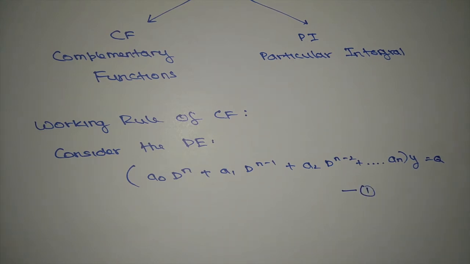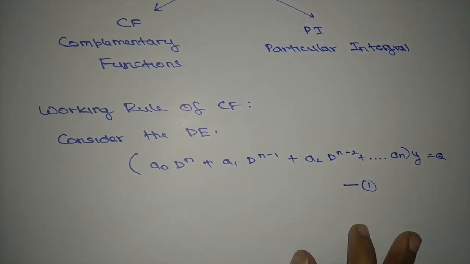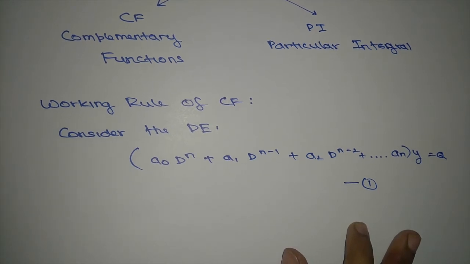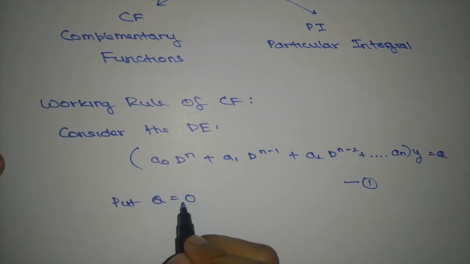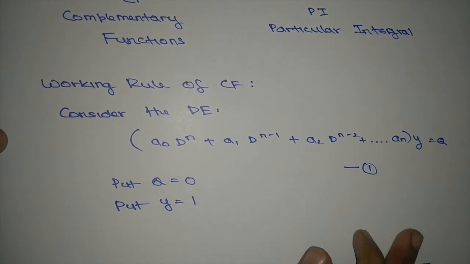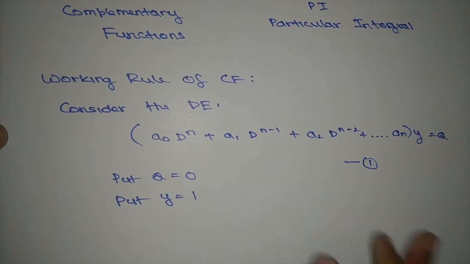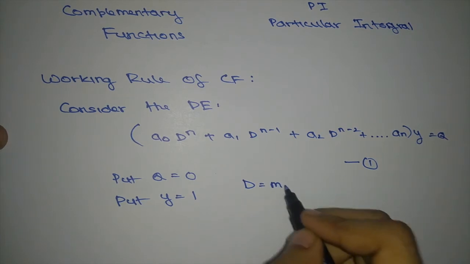So we have to find out ways of finding out the complementary function of this equation. So for a complementary function, first we have to find out what is its auxiliary equation. So for the auxiliary equation, we have to put q is equal to 0 and put y is equal to 1, and also put D is equal to small m in equation 1.